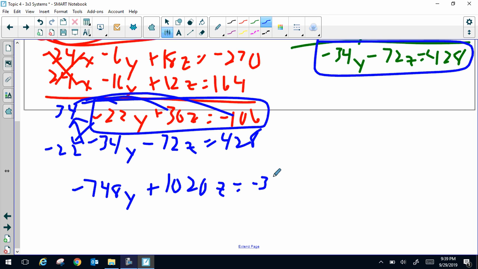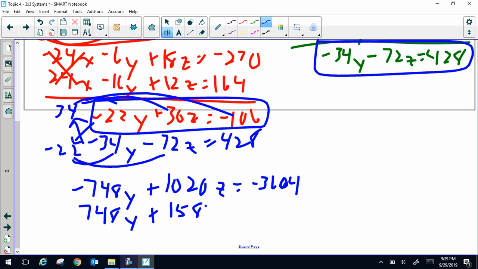goes -3604. And then on the bottom, I get 748y plus 1584z goes negative 9,416.